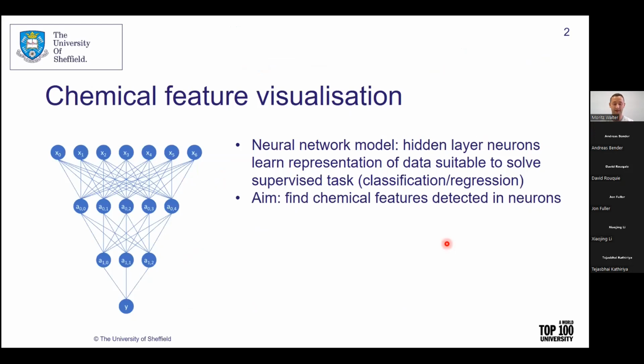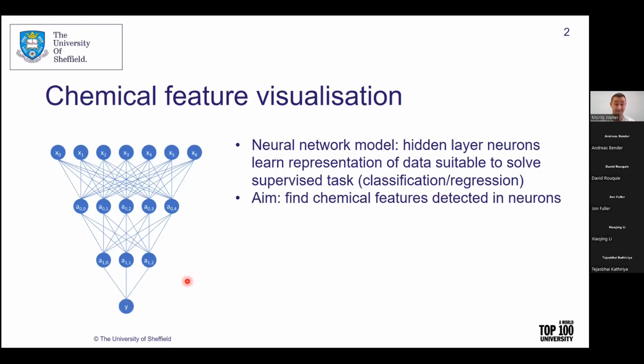So if you think about a neural network, you have here some input features on the top, some chemical features, then you have hidden layers where some nonlinear transformations occur, and in the end you want to make some predictions. So I'm thinking of a typical QSAR model here where you could have classification or regression.